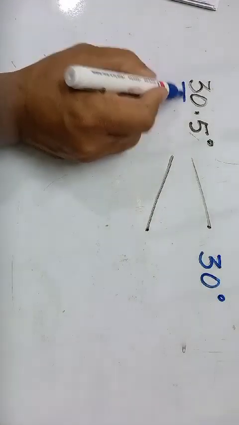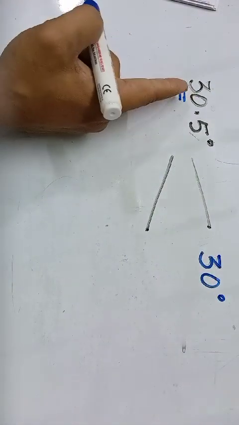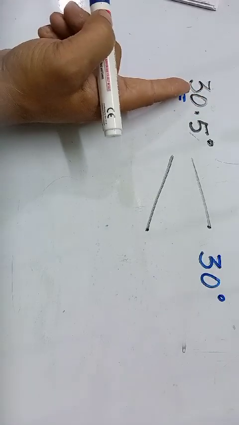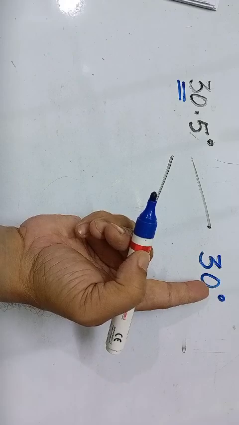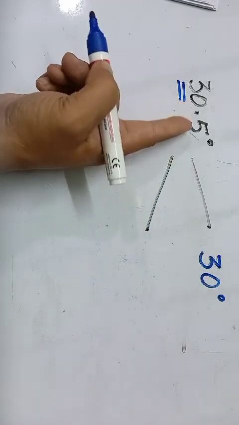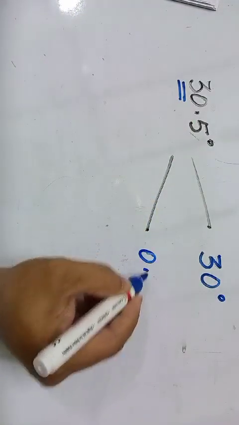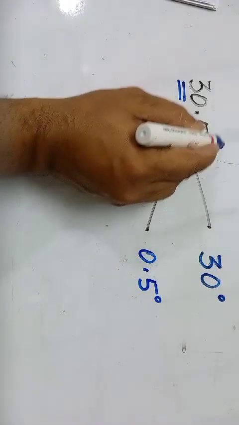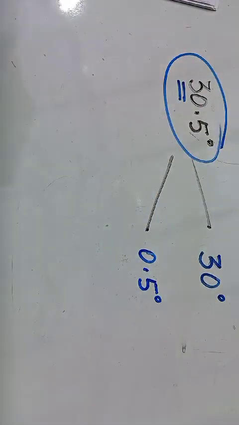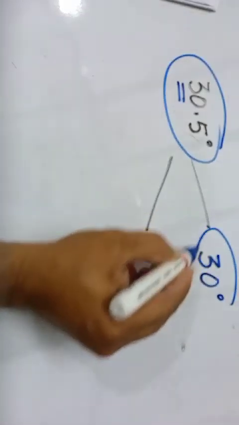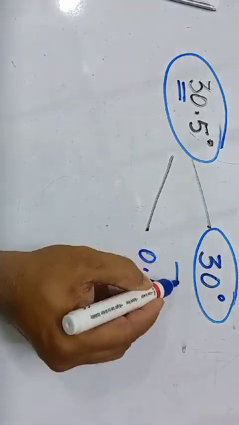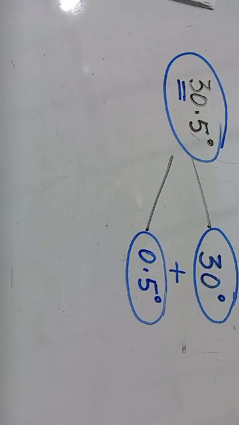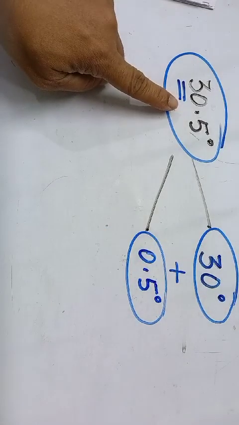Okay, so this part is a whole number in terms of the degree angle. So this is 30 degrees, so I write 30 degree here, and this 0.5 degree extra. Okay, so this angle which is given to us is basically a combination of this plus this angle. Okay, this is how this angle is made.